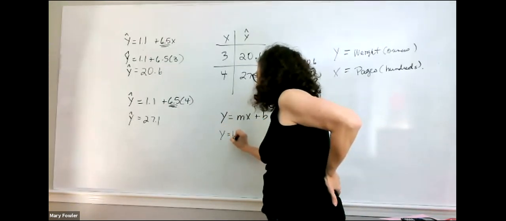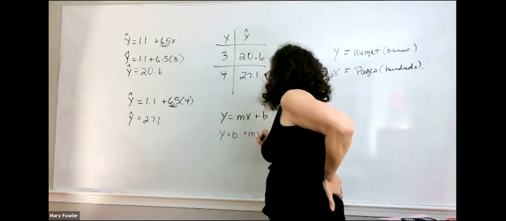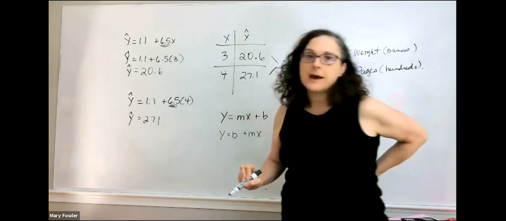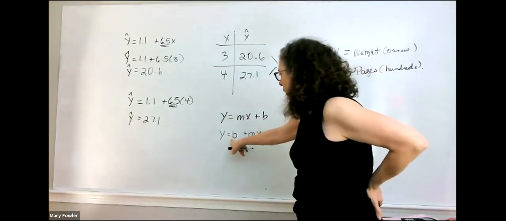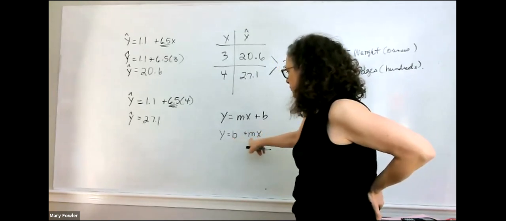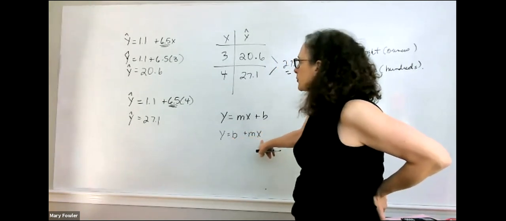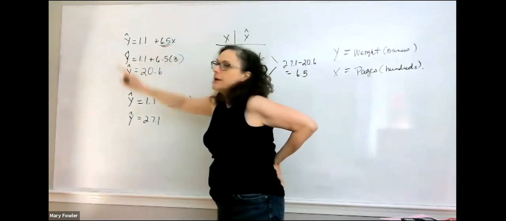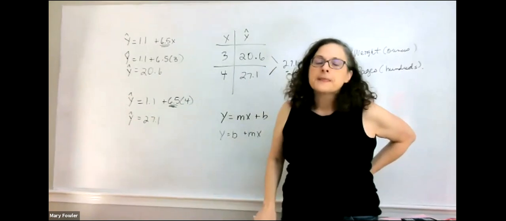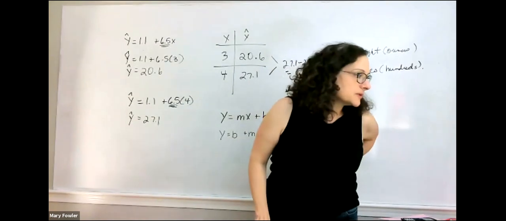In statistics, we actually use a different notation than the b and the m, and we'll get into that once we get to the notes. But we always write it as the y-intercept plus the slope times x. So in this line, the 6.5 is the slope and the 1.1 is the y-intercept.